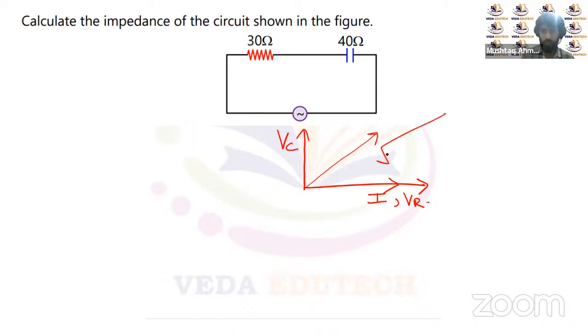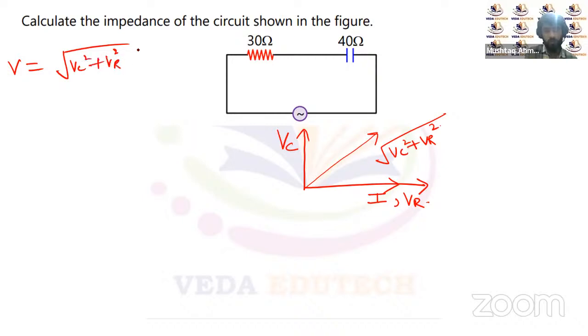It will be under root of VC square plus VR square. This is the resultant voltage actually supplied by this input AC. So V resultant we can write as under root of VC square plus VR square.